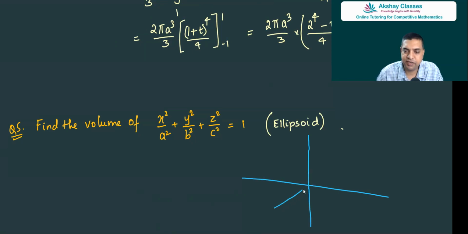We can use a 3D grapher to draw it, but on the x, y, z axes, this will be the points a, minus a, b, minus b, and c, minus c.